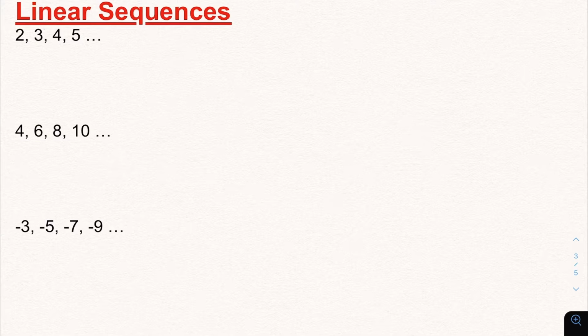You start off with the sequence 2, 3, 4, and 5. To get to 3 from 2, you add 1. To get to 4 from 3, you add 1. And to get to 5 from 4, you add 1. So that's going to be your nth term.